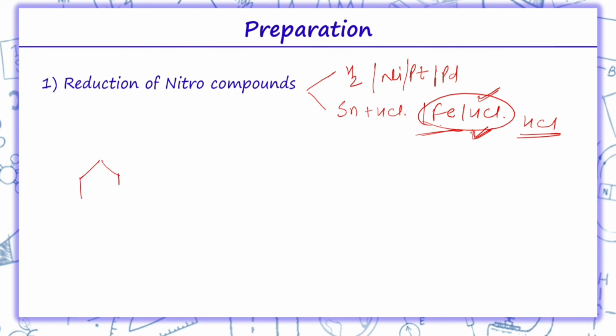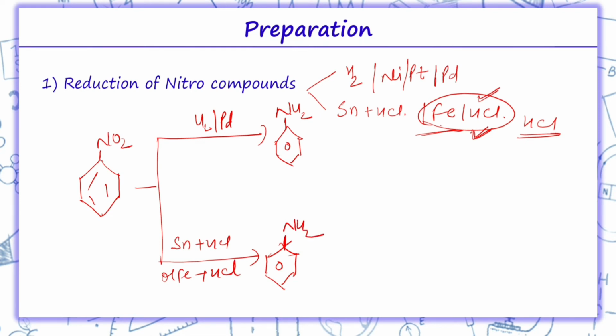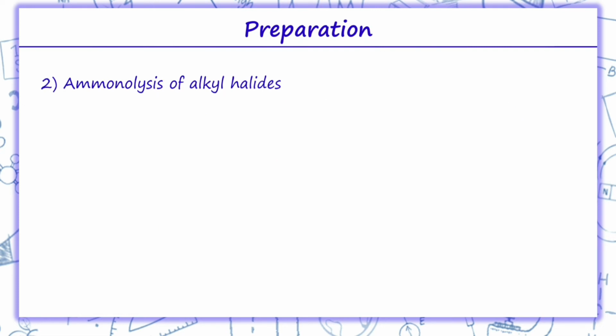So these nitro compounds, that is benzene with NO2, are reduced by using hydrogen with nickel, platinum, palladium and we get amine which is aniline. Similarly, by using metal in acidic medium or iron scrap with HCl, again we get aniline. So this was the first preparation of amines by reduction of nitro compounds.